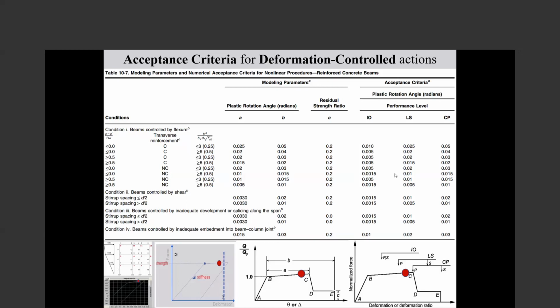Then it starts to apply a small curvature to the section.